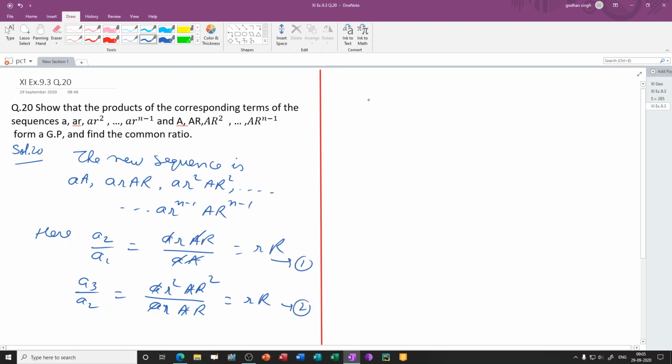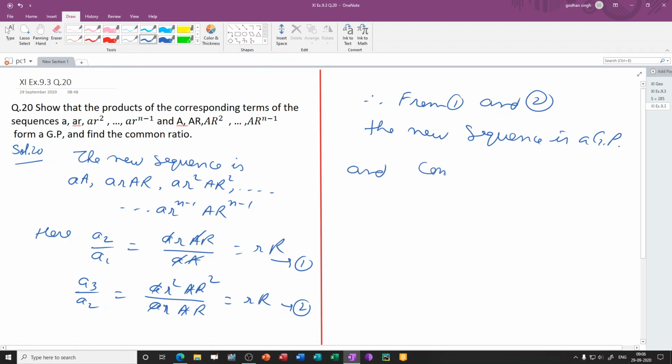Therefore from 1 and 2, we can say that the new sequence is a GP, and what is the common ratio?